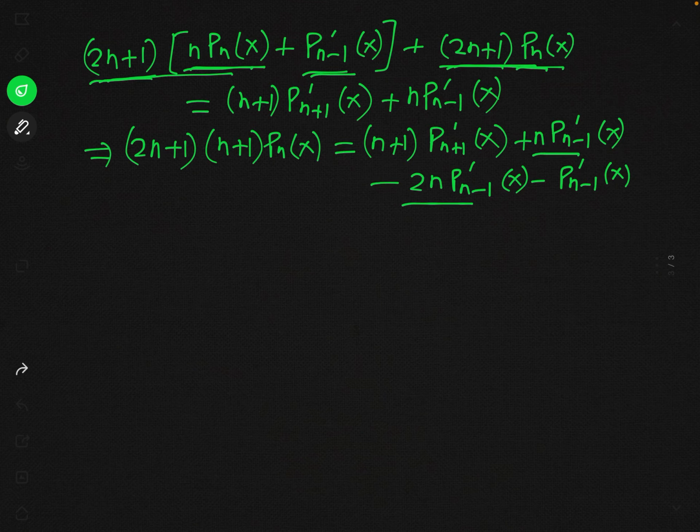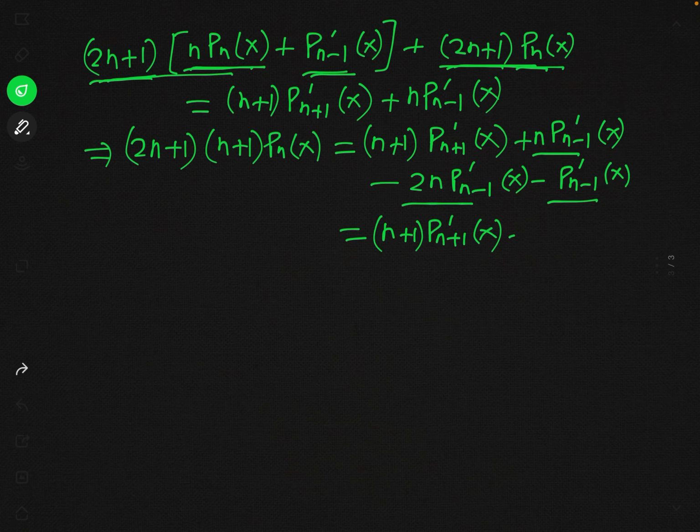So when you will actually simplify it, what will be the result? You can see this is n plus 1 into Pn plus 1 prime of x and here is minus Pn minus 1 prime of x. So when we will take this Pn minus 1 prime as a common factor, then what will be our result?